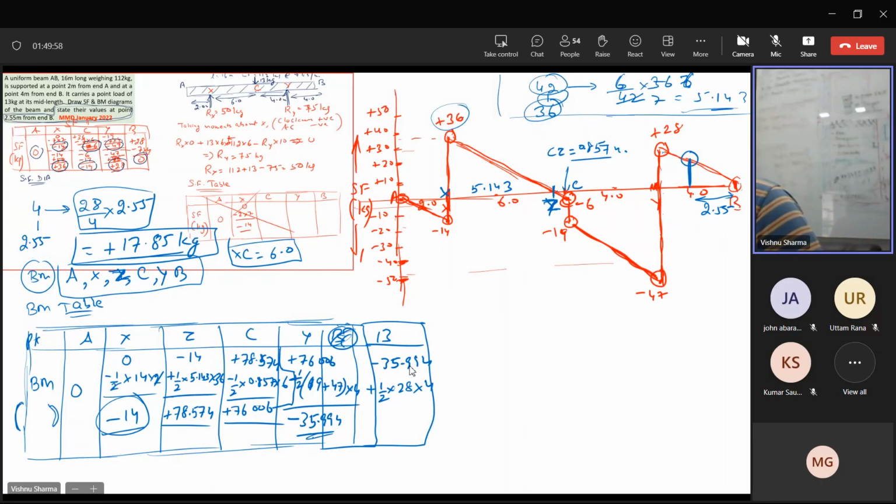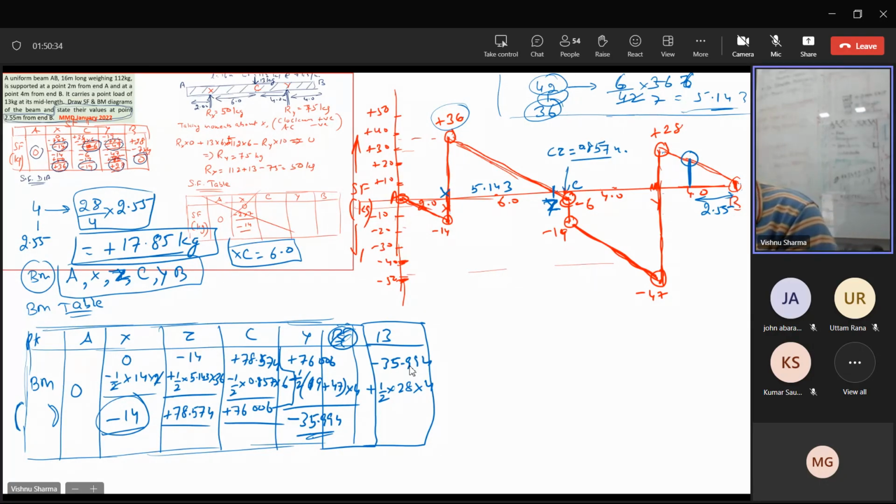What happened? I've made a mistake somewhere, it seems. Base into height. Let me check again, because it's not becoming 0. 19 plus 47 divided by 2 into 4. 132 is minus, and we had 76.